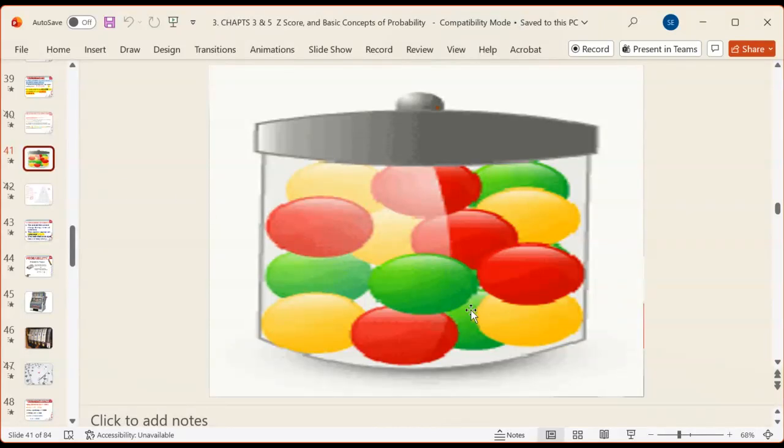But if I select one, it doesn't mean that for the next person who wants to select another, say a green one, the probability changes. It's the same, because I put the marble that I picked back in there, so it stays the same.